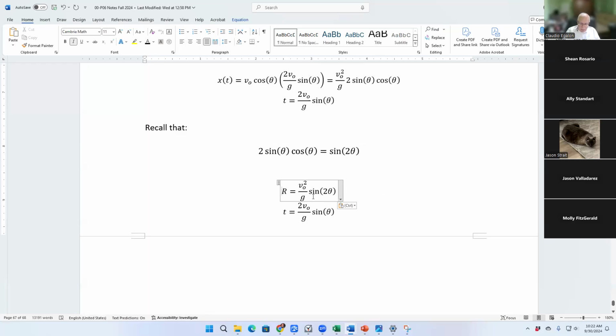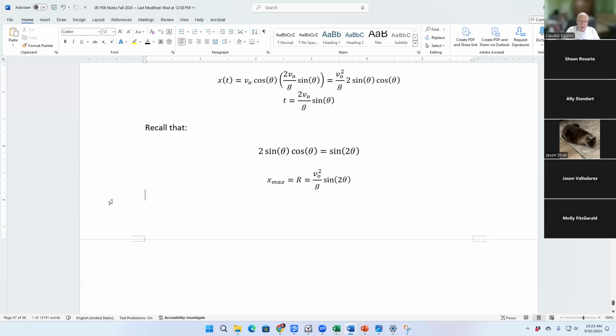I'm going to even write that down here, x max. Oh, gosh, again. Here you go. Got it. X max is R for range. That's our first step. I don't need this term anymore. Let me get rid of it. But I'm going to need this equation here.